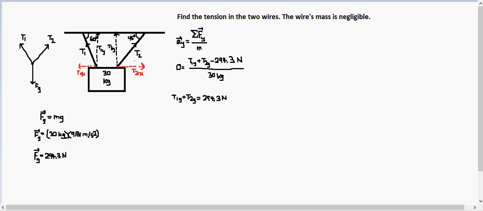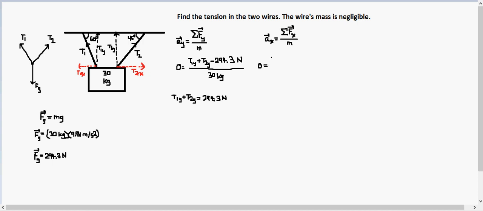One's going to the right, one's going to the left, so they're both going in opposite directions. The acceleration in the x direction equals the net force in the x direction over the mass, and again, it's just 0.